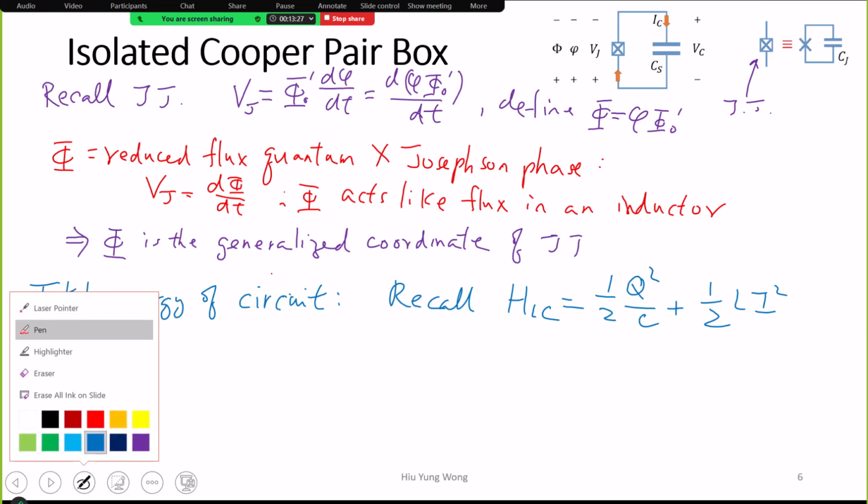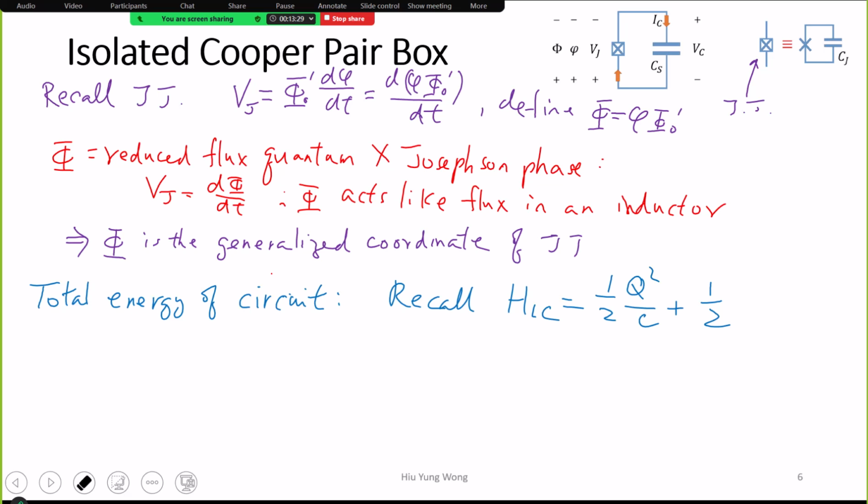I don't have the cheat sheet, but I think I'm correct. Or it equals the flux squared divided by L. Are you okay with this? This is what we learned last time in the LC tank.